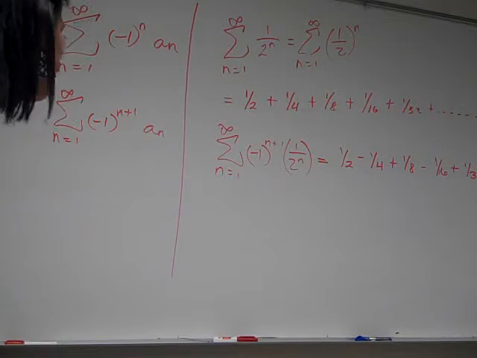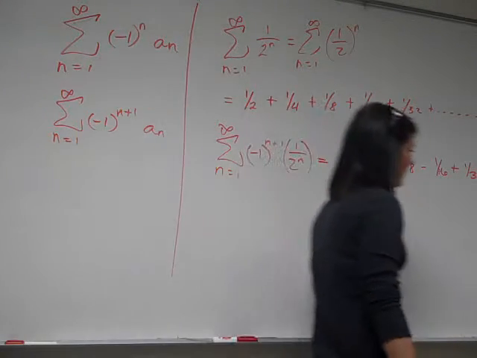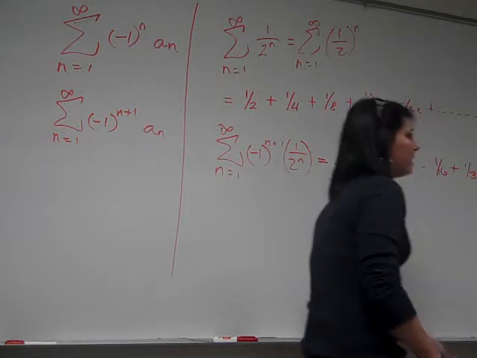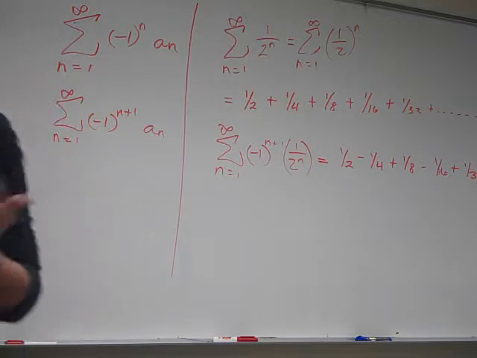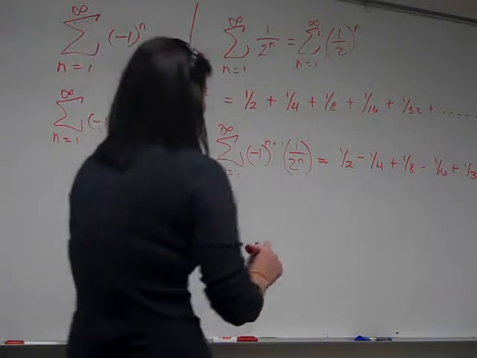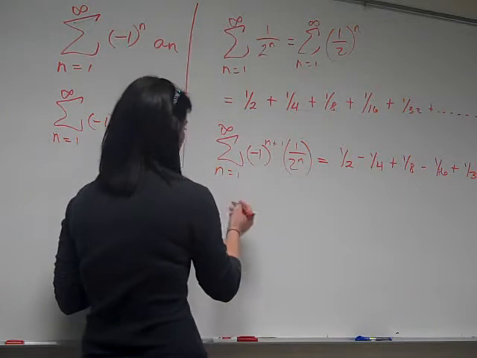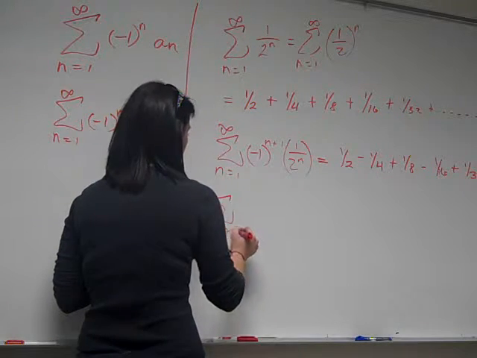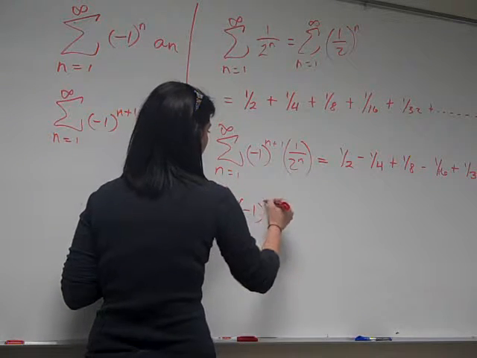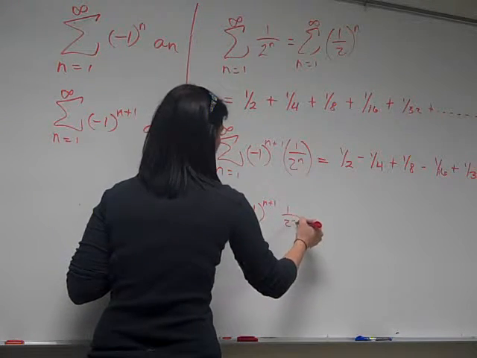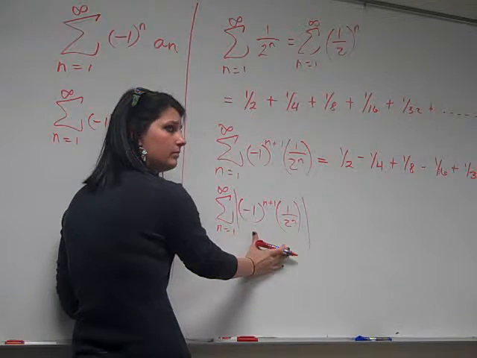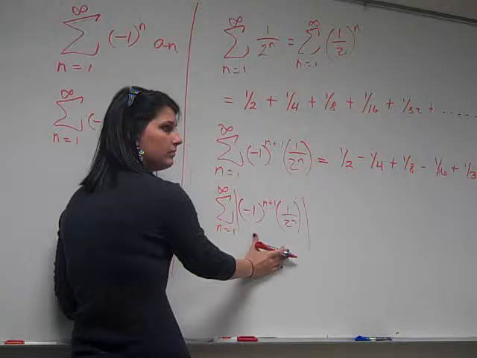So if you read in your notes, the absolute convergence test tells you that if the absolute value of your series converges, then your series converges, your alternating series converges. So if we take the absolute value of this, so we have the sum, n equaling 1 to infinity, the absolute value, what is the absolute value of this?